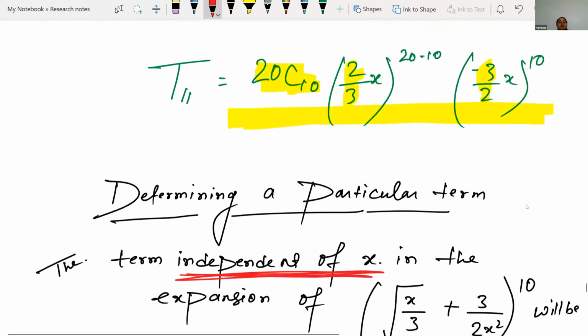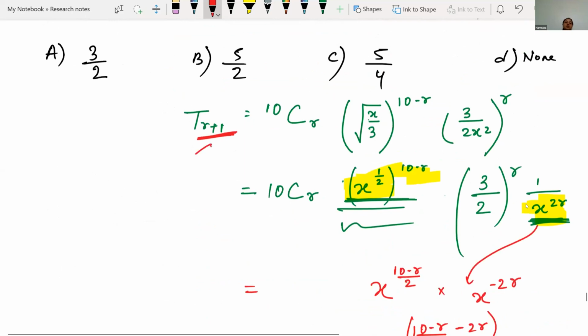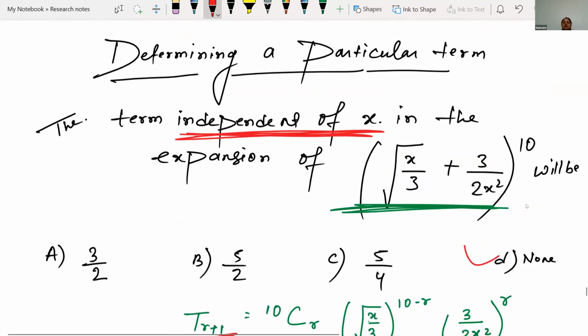So the term independent of x in the expansion is the r plus 1th term, and the r value we have got is 2. So we say 2 plus 1, that is the third term. Which option is the correct option? None of these options is correct. Got it?